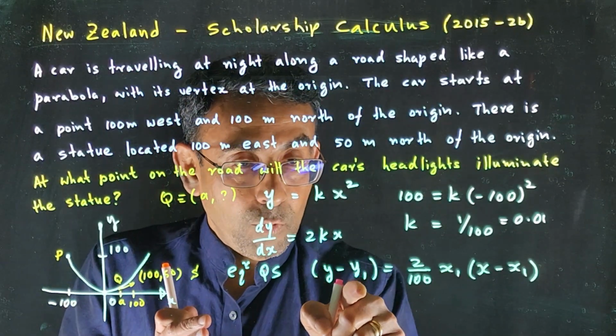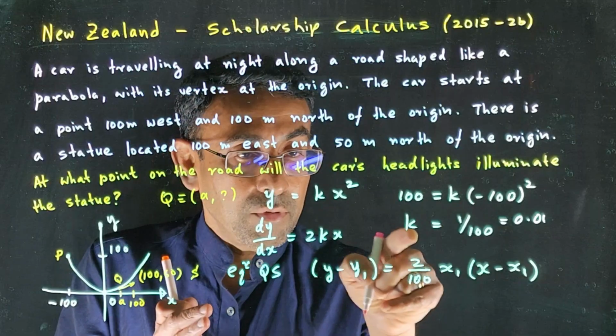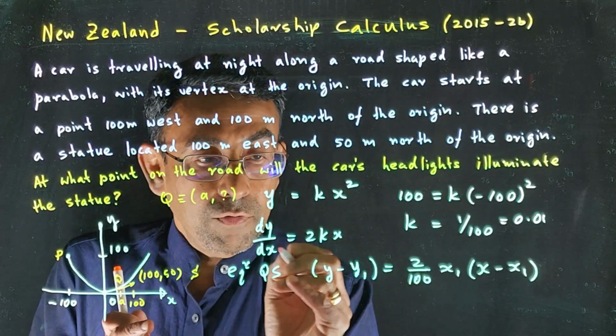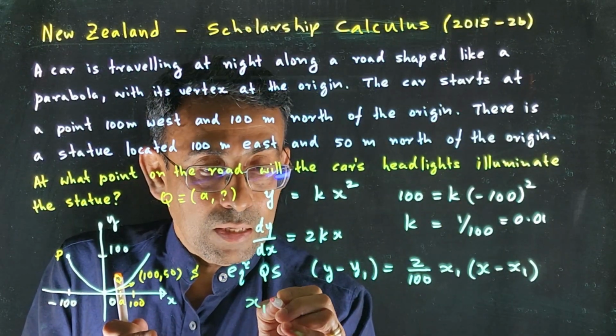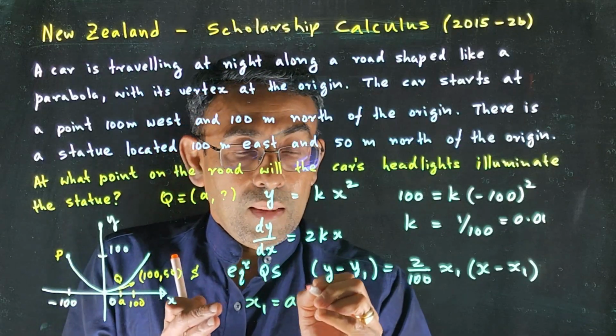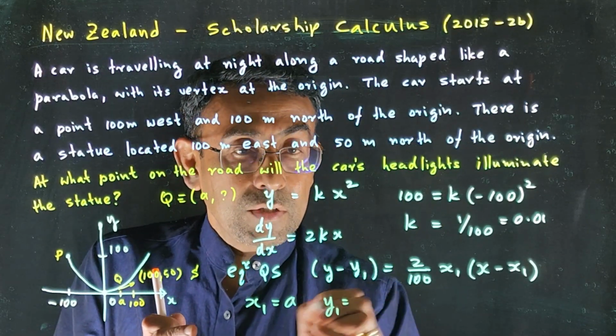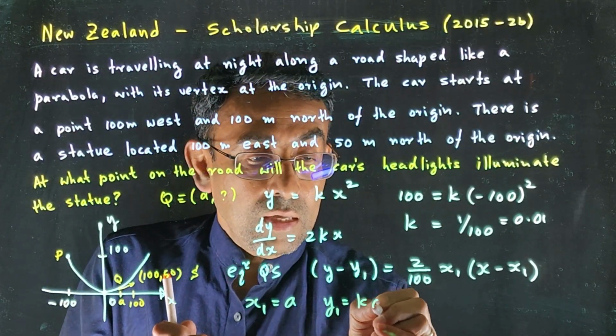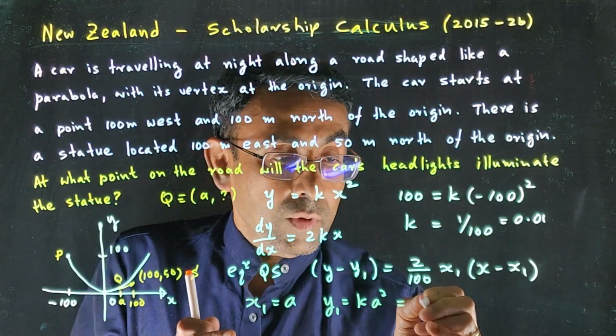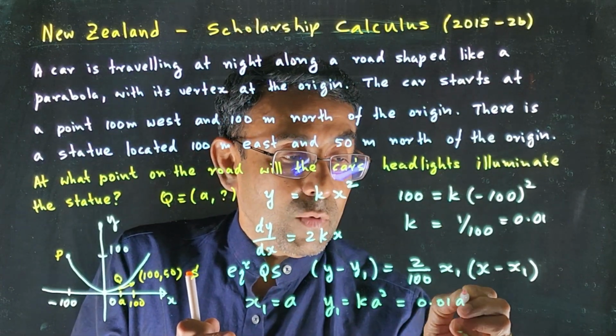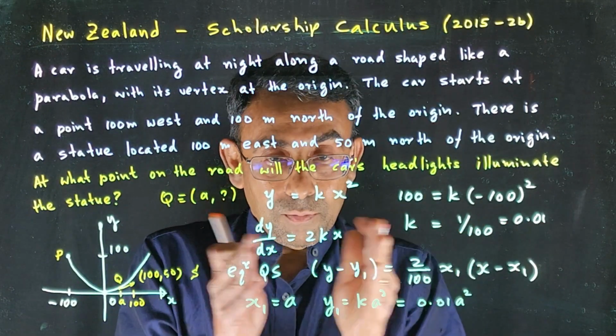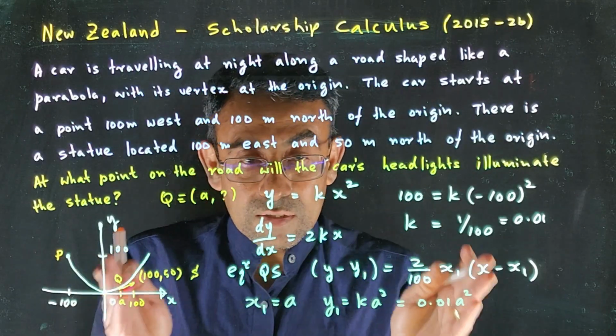Then we can find y1, because y1 comes from the parabola equation. For this case x1 is a, and therefore y1 is equal to kx squared, ka squared, so k is 0.01 a squared. So we have some points now to simplify this.